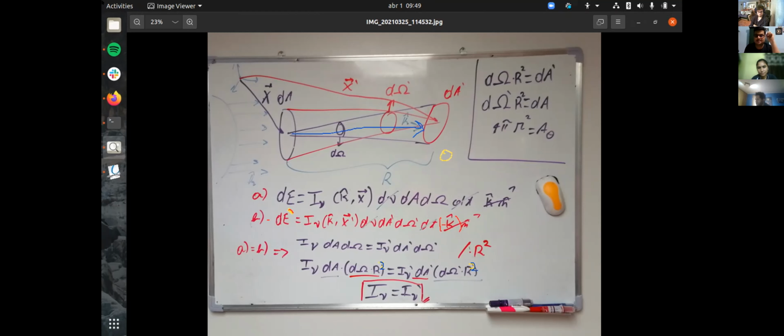Okay, Professor, then second question. Suppose on the left side of this column, the left disk, we have a source, let's say a sun is there.